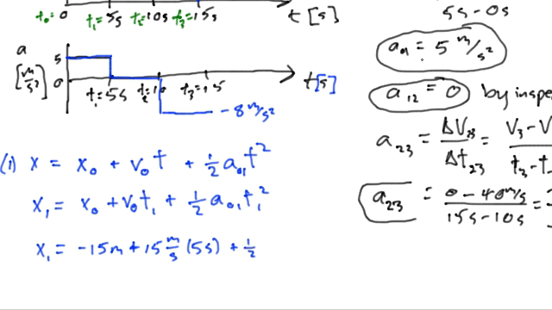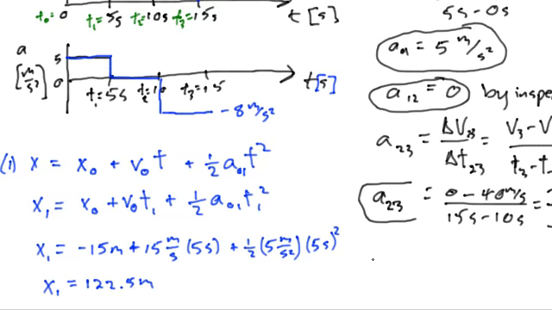The a01 I found to be 5 meters per second squared. Then times 5 seconds quantity squared. So at time t1, namely at 5 seconds, I find the position to be 122.5 meters. Alright, so that's going to be a useful value.